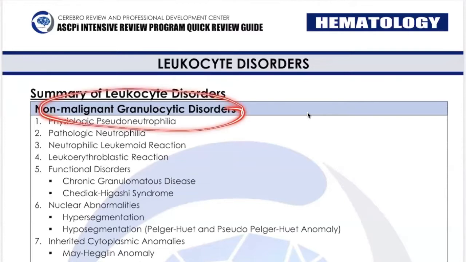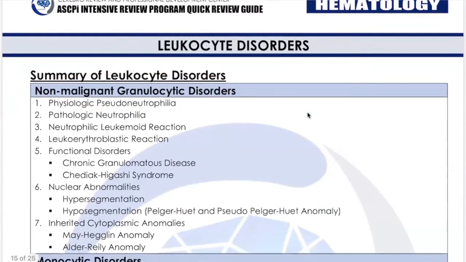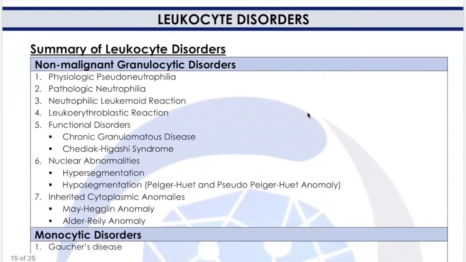Granulocytic disorders. The non-malignant granulocytic disorders are actually classified into two. We have the quantitative abnormalities and the qualitative abnormalities. The first four here are quantitative abnormalities, and we have the functional disorders, the nuclear abnormalities, and cytoplasmic abnormalities being qualitative in nature.